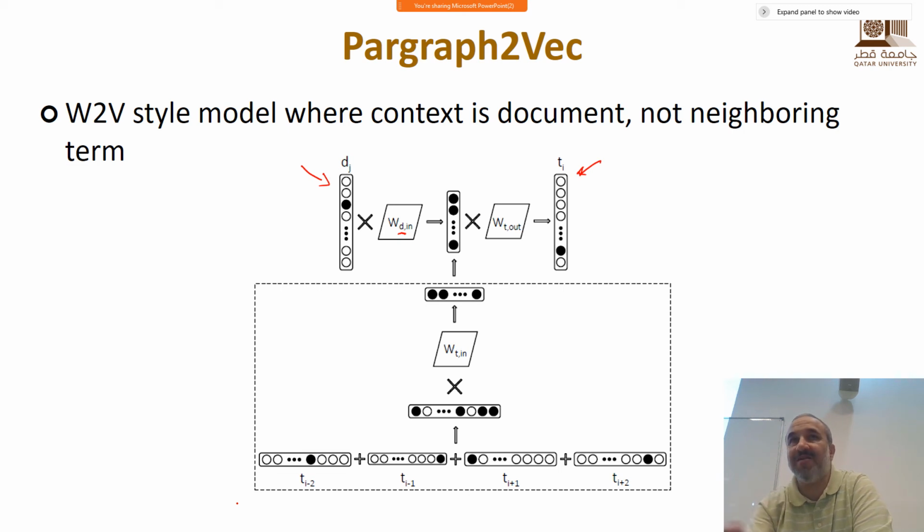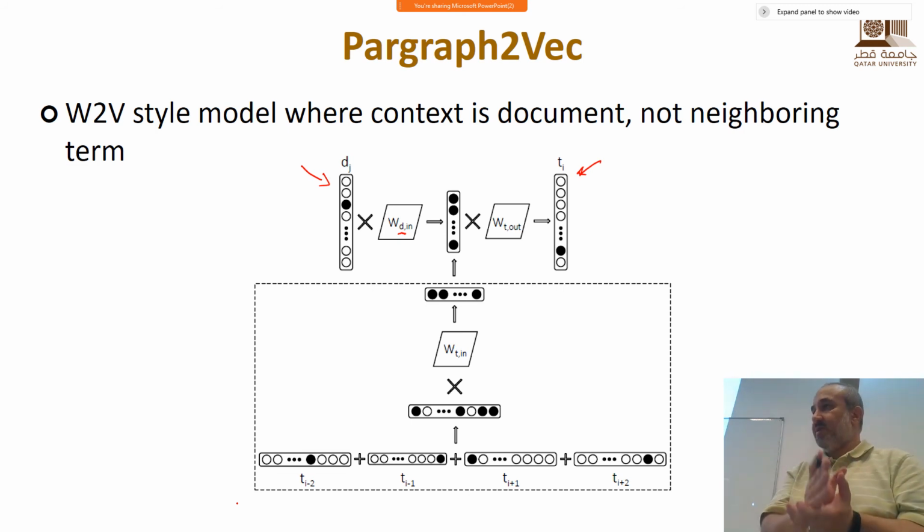So that's another option in paragraph to vec. Here it will have training data like continuous bag of words plus the training data that we mentioned for the document and terms. All of them are fed to the training box.